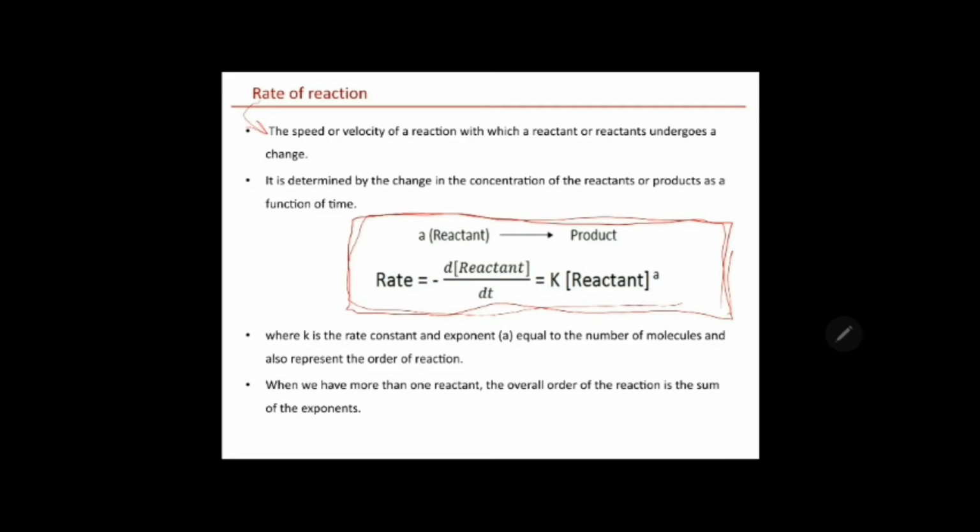Here K is the constant, and this is the concentration of the reactants, and this exponent is the number of reactants that have reacted, and this is the rate of the reaction, because rate equals change in concentration of the reactant over change in time. Now, when we have more than one reactant, this exponent will be higher.